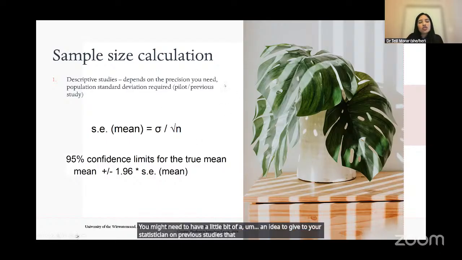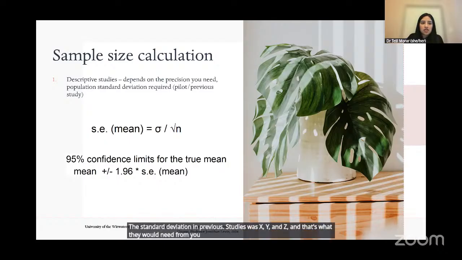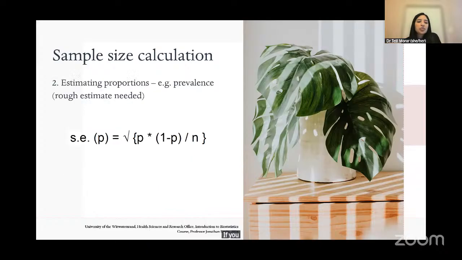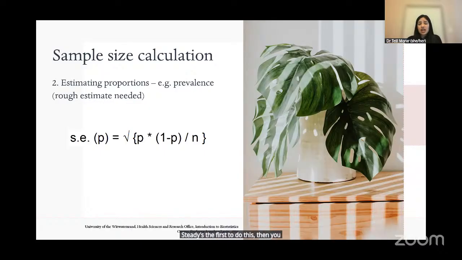So say you'd like to know the average blood pressure of your population, you'd have to say to the statistician the standard deviation in previous studies was X, Y, and Z, and that's what they would need from you to calculate the sample size. If you're trying to estimate prevalence, once again, you'd need from previous studies a prevalence rate, or if you don't have previous studies, your study is the first to do this, then you might need a pilot study in order to give that to the statistician to assist.